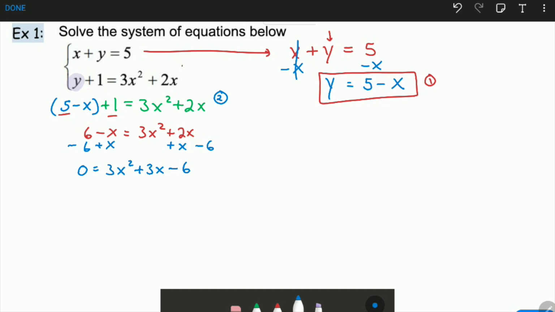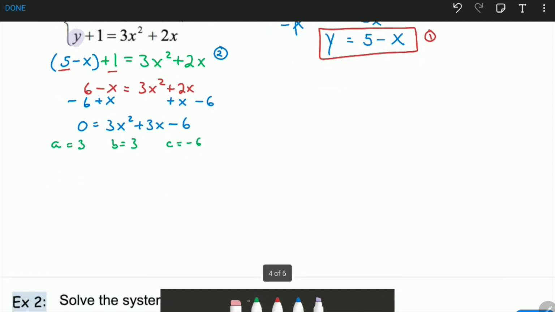From here, we can either use zero product property and factor, or we can use quadratic formula. I know that most of my students have been using quadratic formula, so that's what I'm going to use here. But factoring works as well, so if you remember factoring, you can also use factoring. So quadratic formula, a is 3, b is 3, and c is negative 6.